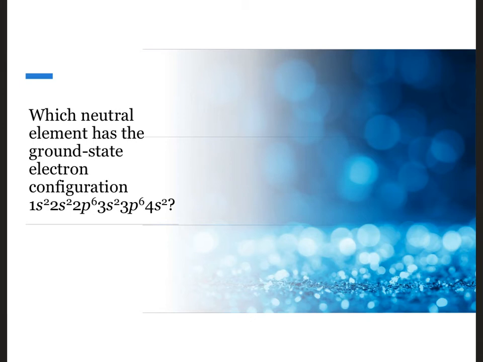If you use the last filled energy level to locate the element on the periodic table, 4s2 indicates the fourth period, s block, second column. Go to the periodic table to identify the element in the second column of the s block in the fourth period. We see it's calcium.